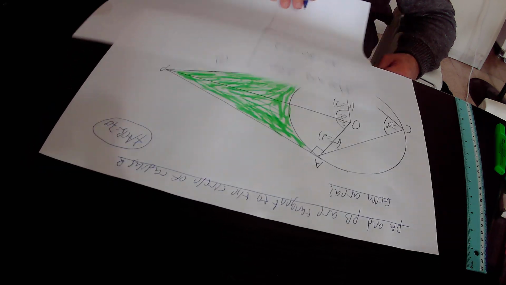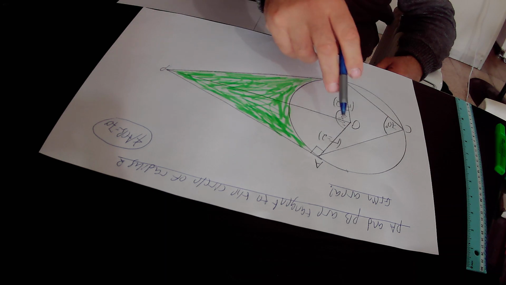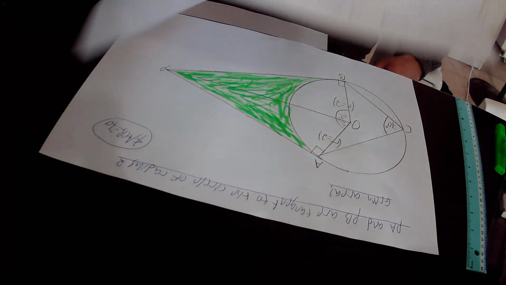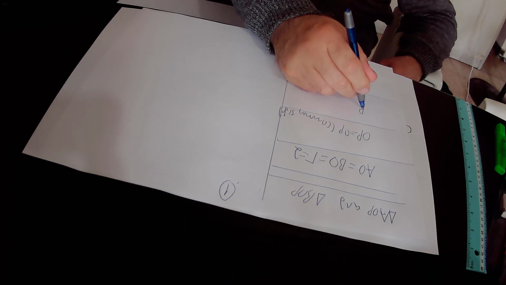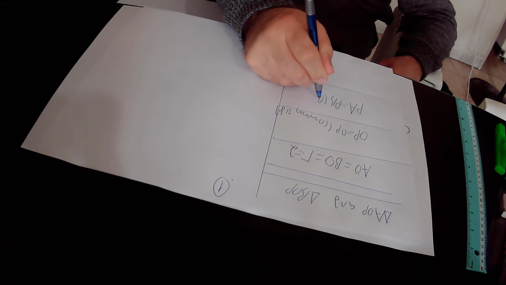And finally, side AP or side PA of the right upper triangle AOP equals side PB of the right lower triangle, triangle BOP. So PA equals PB according to rule 2.